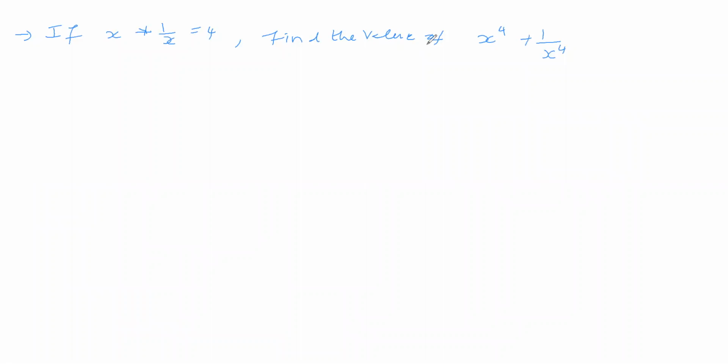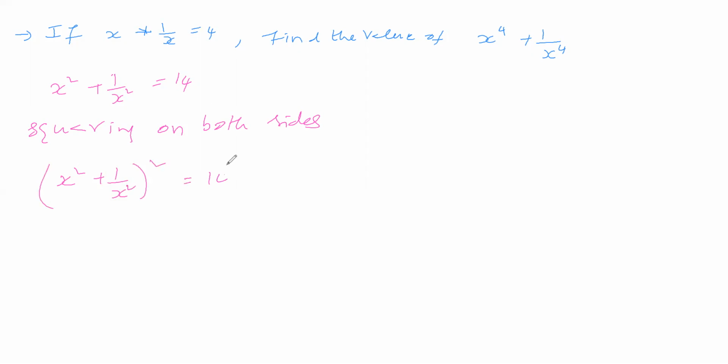So we have x square plus 1 by x square is equal to 14. Now we will square on both sides. So we will write x square plus 1 by x square whole square is equal to 14 square.